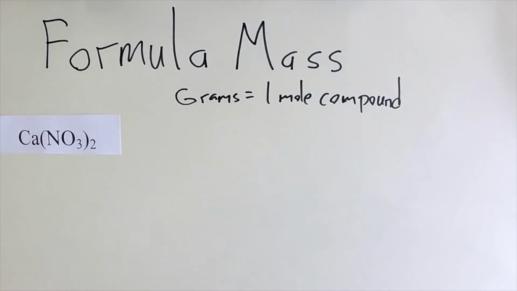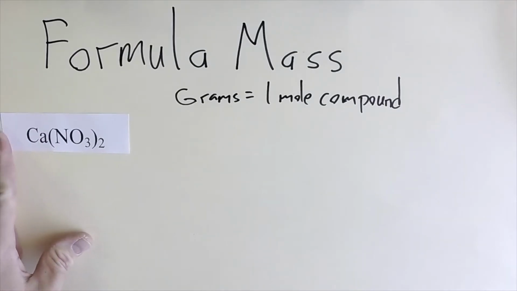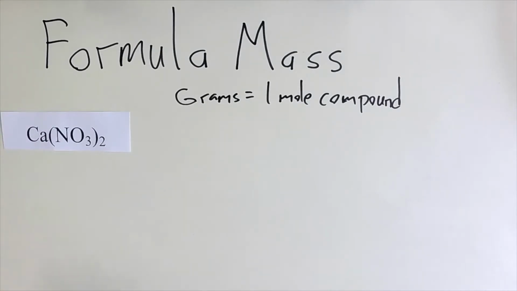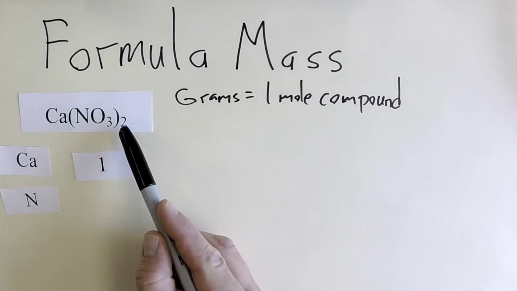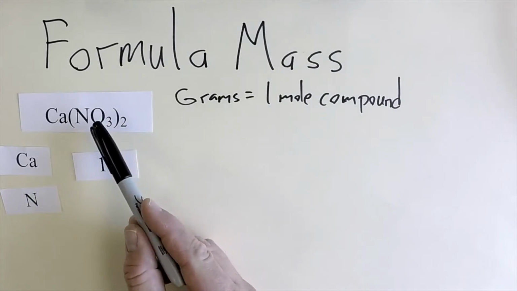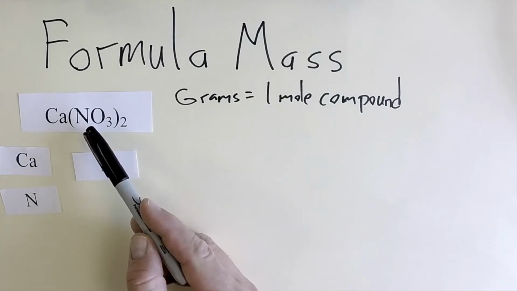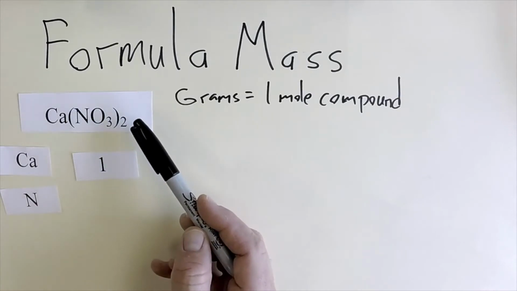We'll look at calcium nitrate, Ca(NO3)2. When you do formula mass, the first step is to pick apart the compound and inventory the atoms. If we look at calcium, we have 1 atom of calcium. If we look at nitrogen, the subscript outside of the parentheses carries through the parentheses, but does not apply to things outside of the parentheses.